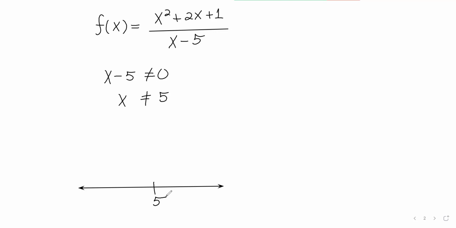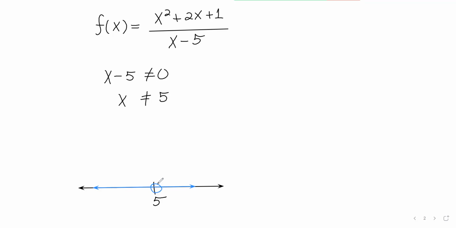Meaning the domain is the set of all real numbers except 5. So I would shade the entire number line, but 5 is a restricted value. We exclude it.